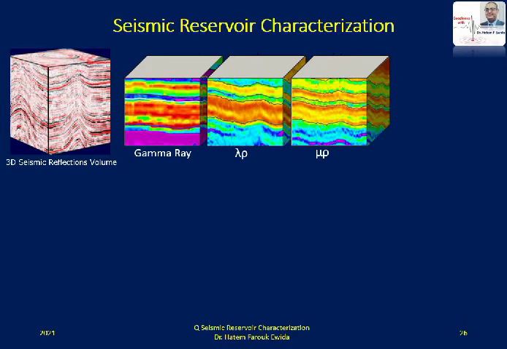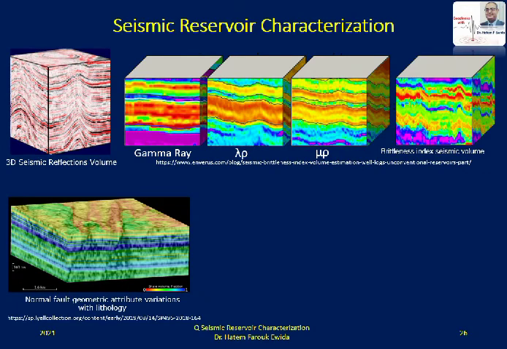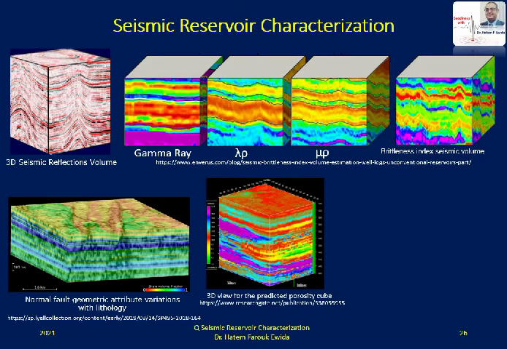Also you can get the brittleness index from the seismic. You can use attributes to know the subsurface structure and the distribution of your lithology. You can end up with a cube of the porosity distribution from your data, even the permeability within your reservoirs.